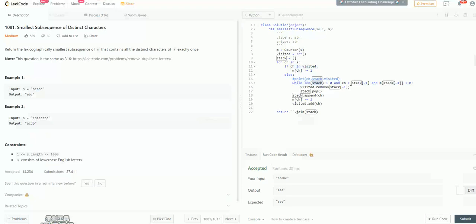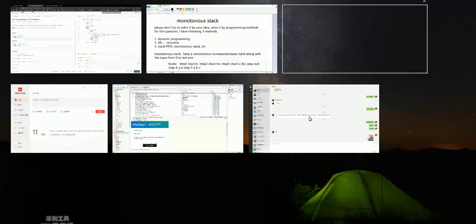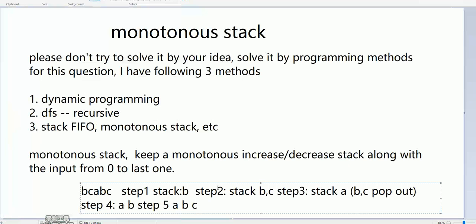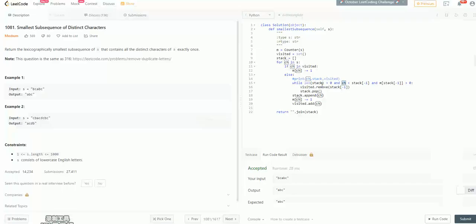That is how the program works too. If the stack length is bigger than zero, we should compare. If the current letter is smaller than the last one, then we pop it. Here B is not smaller than C, so we do nothing.